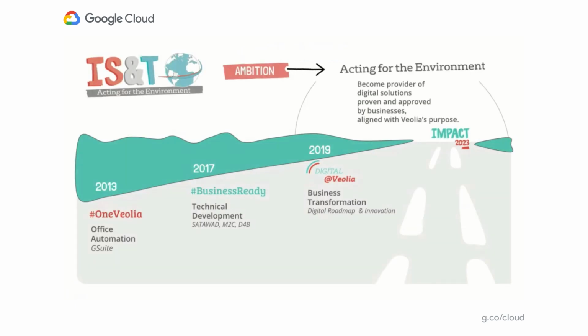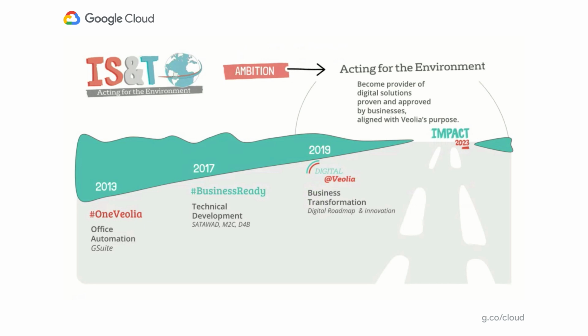Veolia's strategic program called Impact 2023 had the objective to make Veolia the benchmark company for ecological transformation. To support this program, the Veolia IT department has started over the past years multiple digital transformation programs.